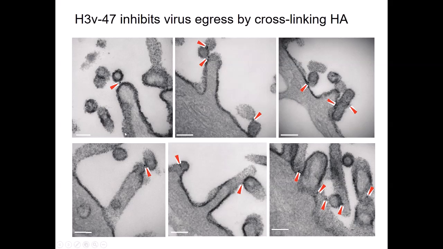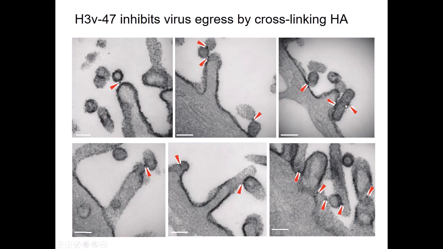So these are transmission electron micrographs, and you can see influenza particles budding off of the apical surface of infected cells. But in every case, by immunogold labeling, we see the antibody present right at the scission point where normally the particle would bud off, but we see these particles sort of stuck and tethered.